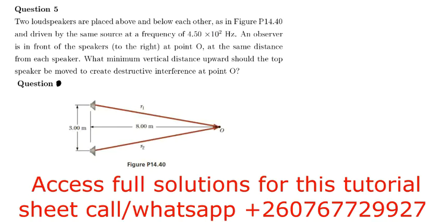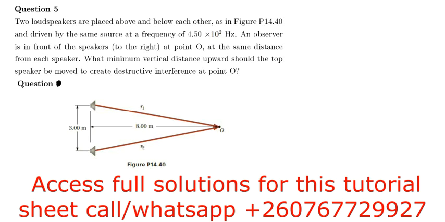So I have question 5, which is saying, okay, this question is under interference. So 2 loudspeakers are placed above and below each other as shown in the figure below, and driven by the same source at a frequency of 4.5 times 10 to the power 2 hertz.